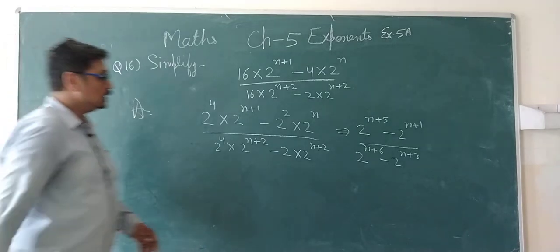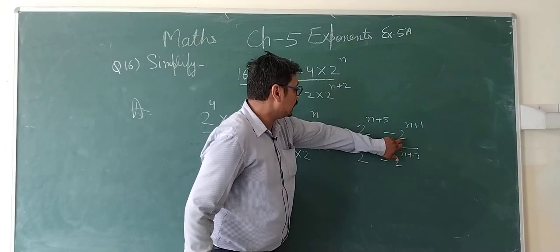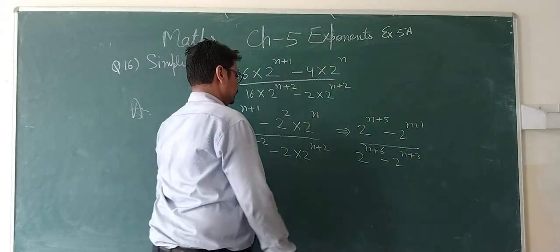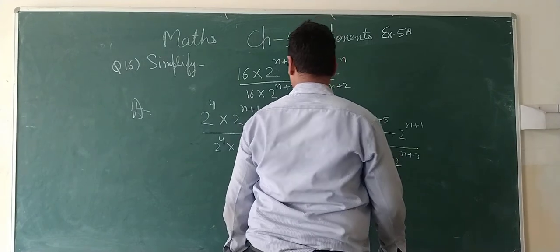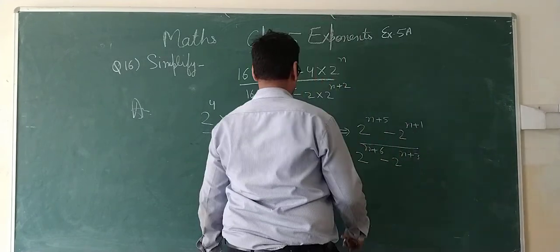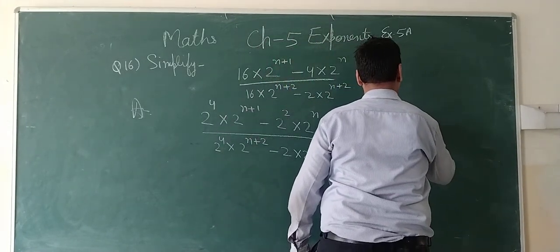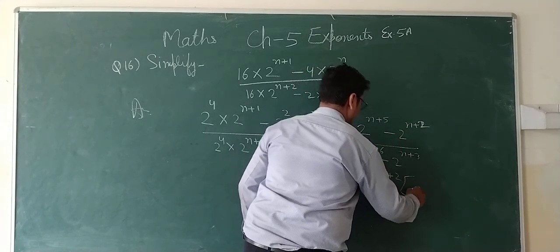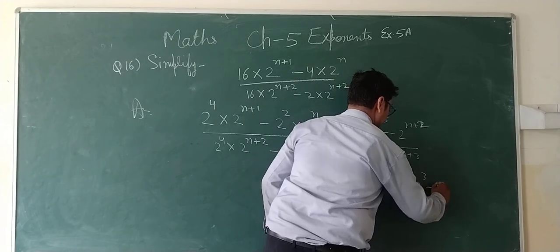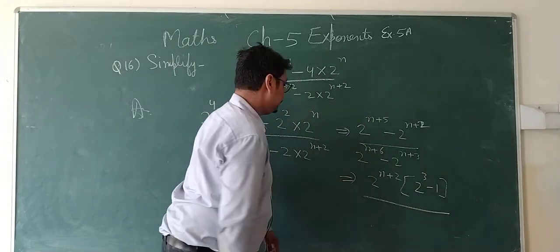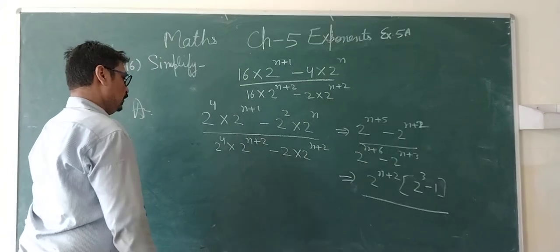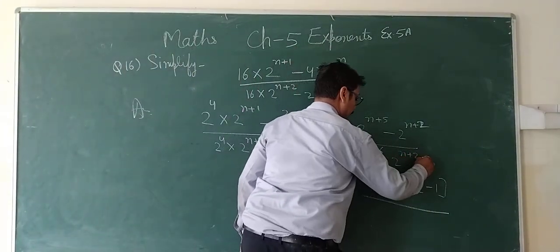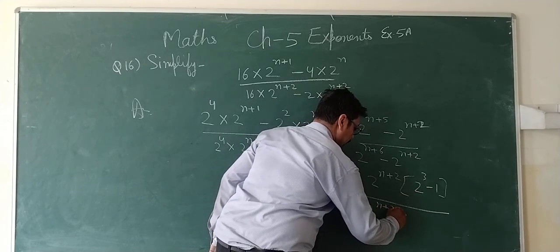Now we can take 2^(n+1) common. It becomes 2^3 − 1. Now I am taking 2^(n+2) common from there.